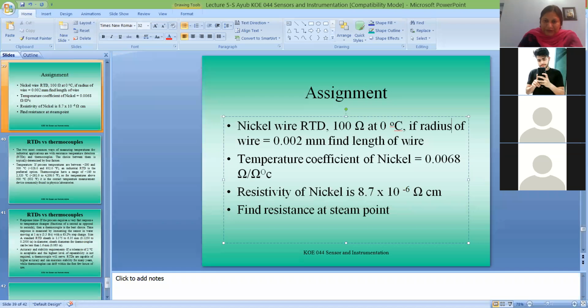You have to find out the length of the wire, and temperature coefficient of nickel is same, and resistivity of nickel is same, and find the resistance at 150 degree Celsius.